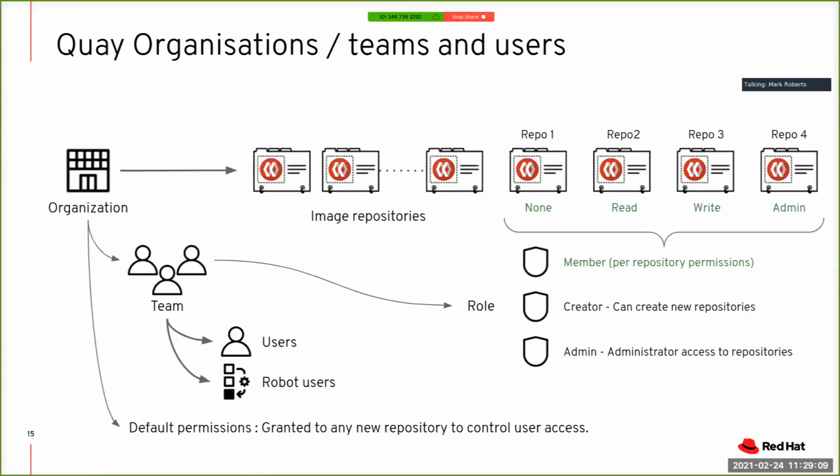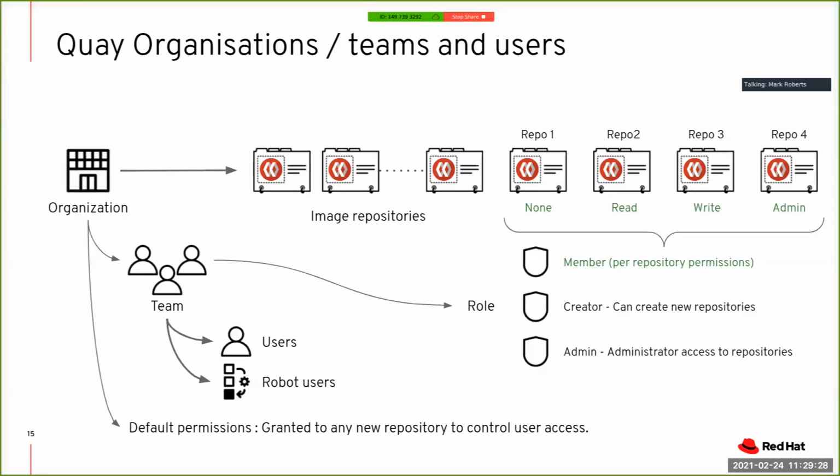And if it says member, we then allocate permissions on a repository by repository basis. So you can see there that for repo 1, we've got none. We can't do anything with it. With repo 2, we have read access, so we can pull images. With repo 3, we have write access, so we can pull and push images.